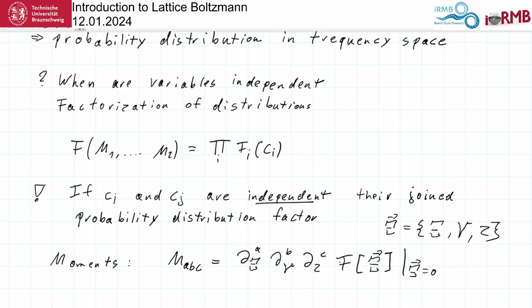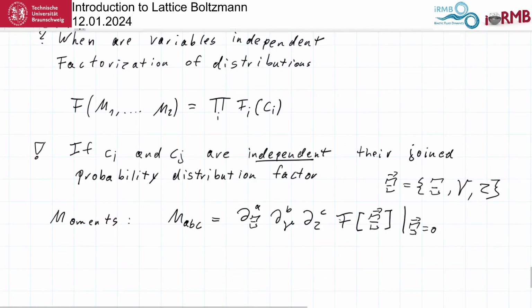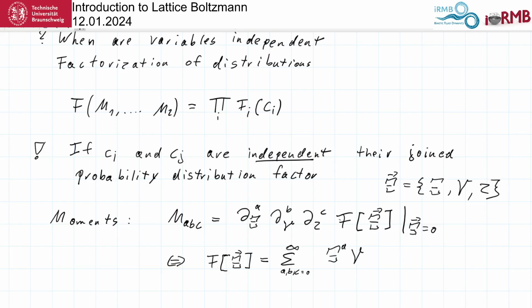So we can rewrite this in another way. This distribution function can actually be written as the sum over A, B, and C, starting from 0 and going to infinity, of Xi to the power of A, upsilon to the power of B, and theta to the power of C, divided by A factorial, B factorial, and C factorial, times M_ABC.